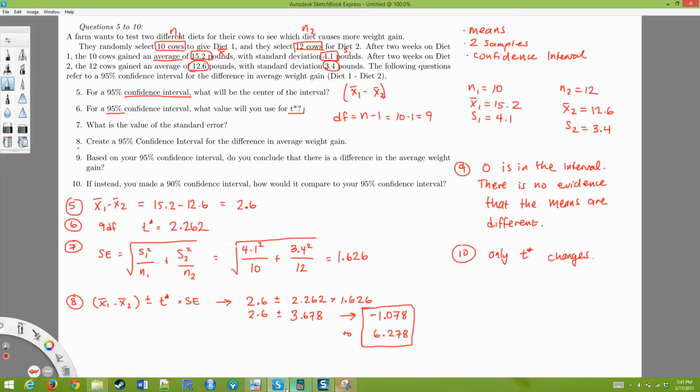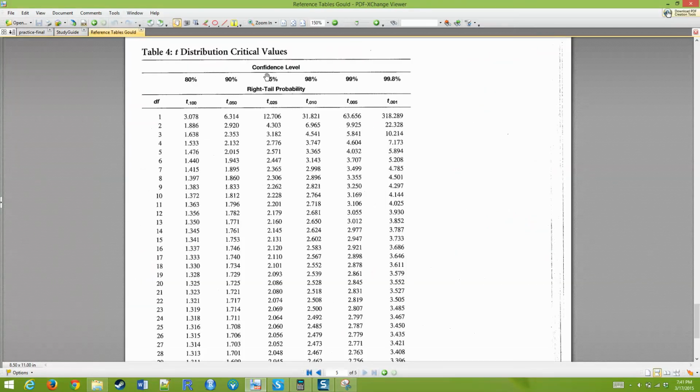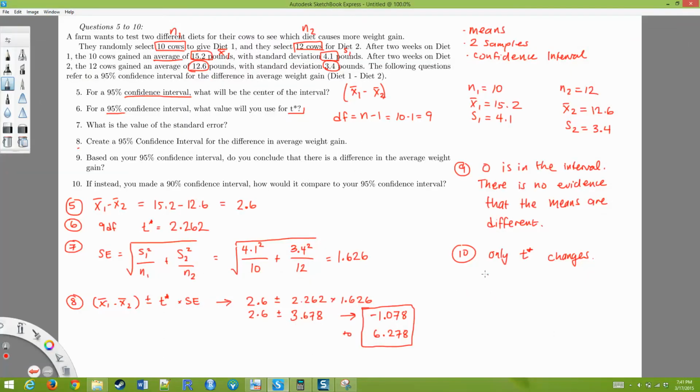And the t star that we would use would go from 95% to 90%, and we see that that number is smaller. So that means our interval becomes more narrow. And there you have it.